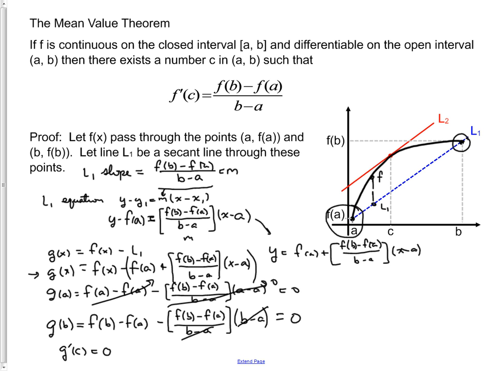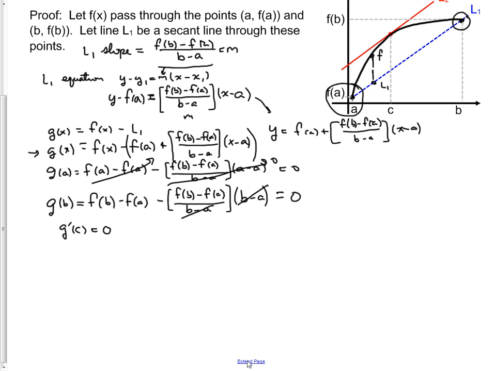Now, how is that important? Well, if we look at the derivative of g of x, g prime of x is going to be the derivative of this guy right here that I've just highlighted. We're actually going to be taking the derivative of that. So g prime of x, what is it?